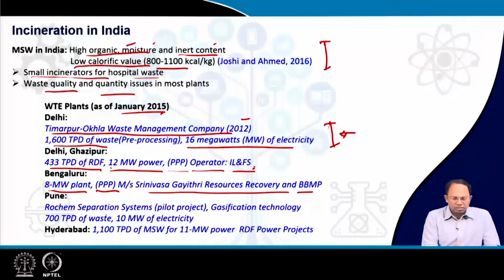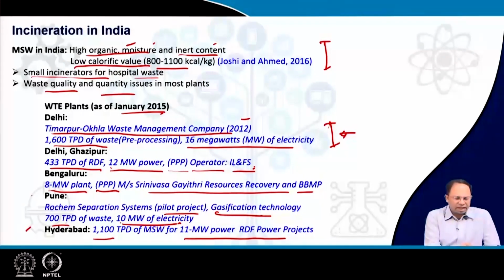Then in Pune, Rochem Separation Systems has set up a pilot project, but this is not incineration directly, this is gasification, which is one form of incineration you can say, and they are generating 10 megawatts of electricity from around 700 tons per day of waste. And in Hyderabad, an 11 megawatt RDF power project has been set up, using around 1100 tons per day of municipal solid waste.